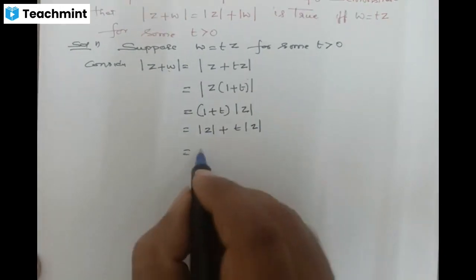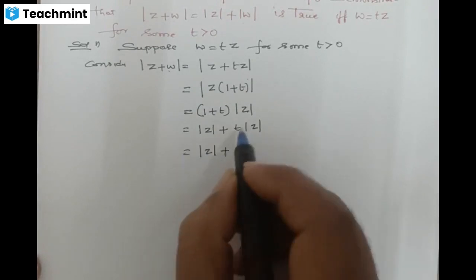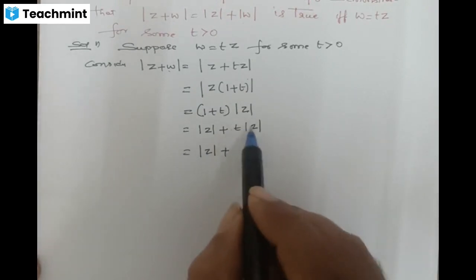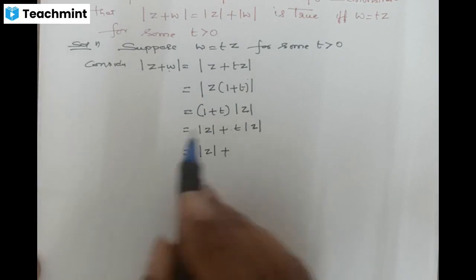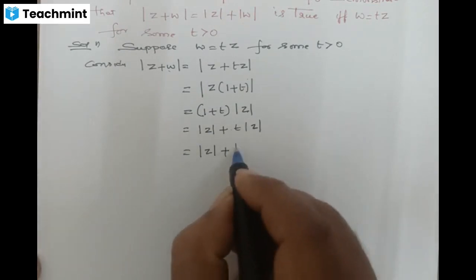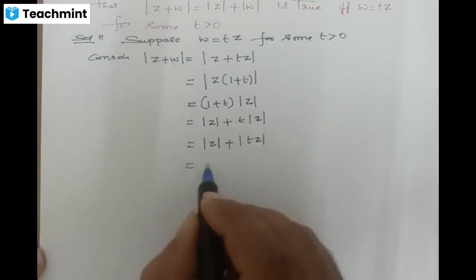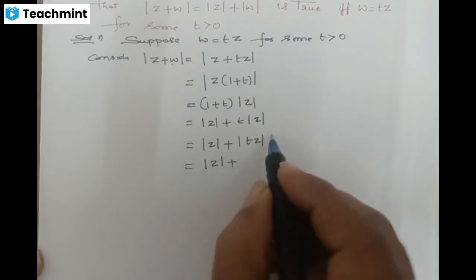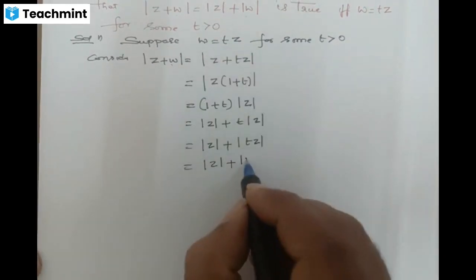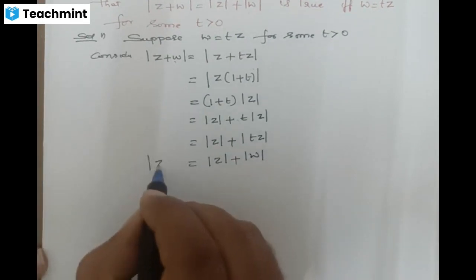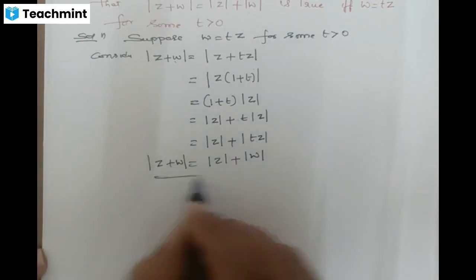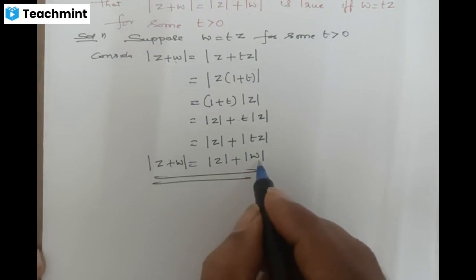Okay, so we can write modulus z plus, t is a scalar, I can write it inside the modulus or outside the modulus, both are same. So we can write modulus of tz, just a rearranging. So modulus z plus, what is tz, it is modulus w. That is, modulus of z plus w is equal to modulus z plus modulus w.